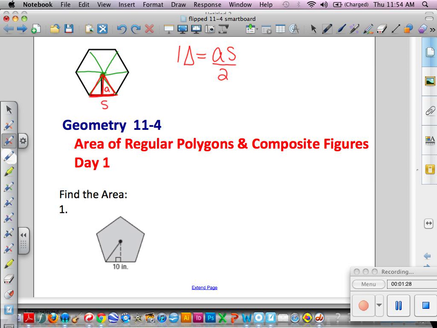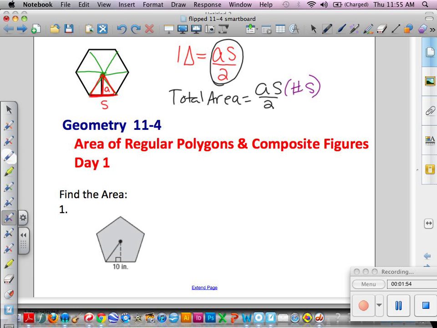So I would find one triangle, and then I'd multiply it by how many triangles I have. So to find my total area, I would take the area of one triangle, which is my apothem, times my side, divided by 2, and then I'd multiply it by the number of sides.